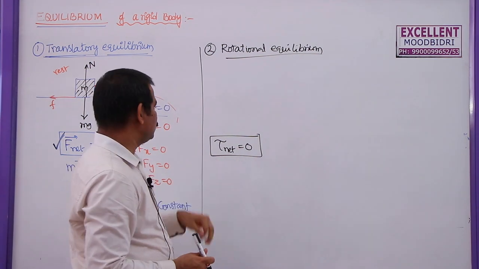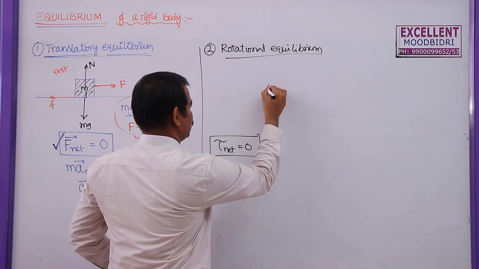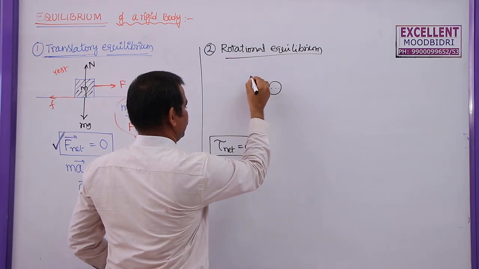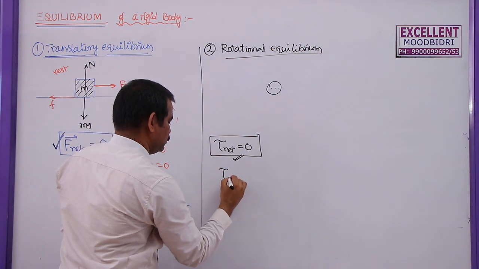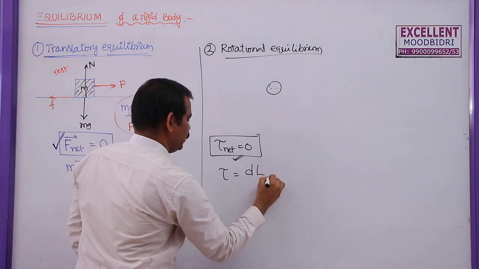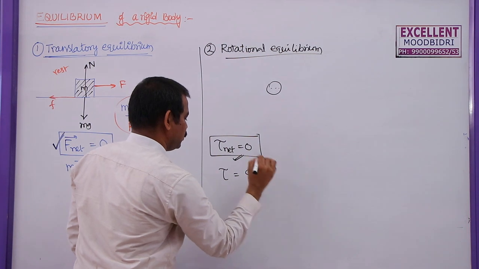When the net torque on this body is 0, then we know that the torque is also equal to the rate of change of angular momentum.